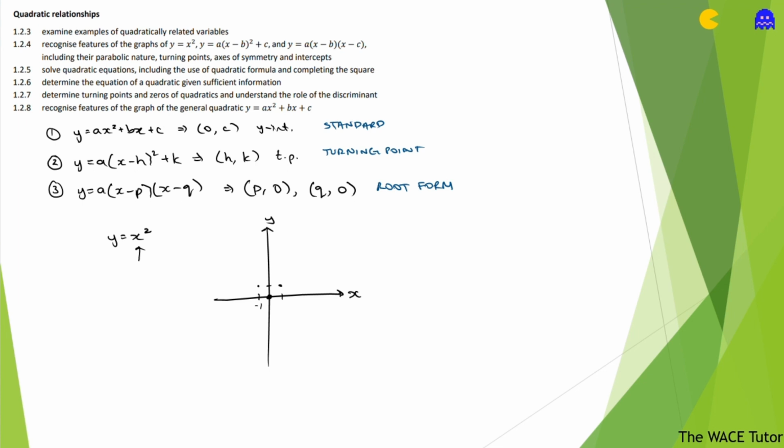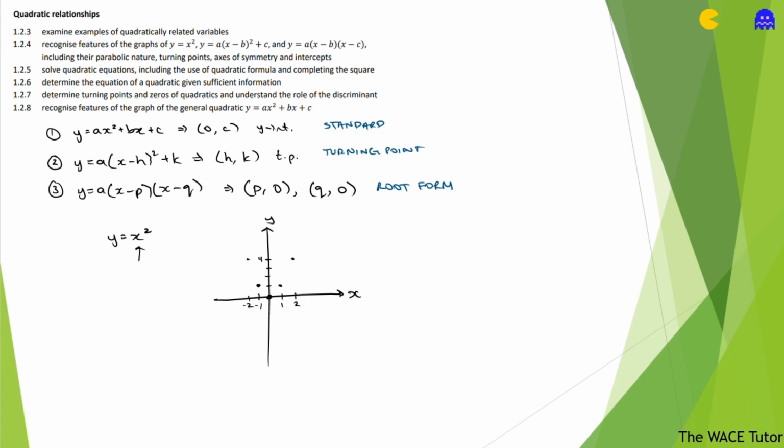Importantly, minus 1 squared is also equal to 1. And if we progress to 2, 2 squared is equal to 4. Okay, so at 2, we're up to 4. And minus 2 squared is also 4.